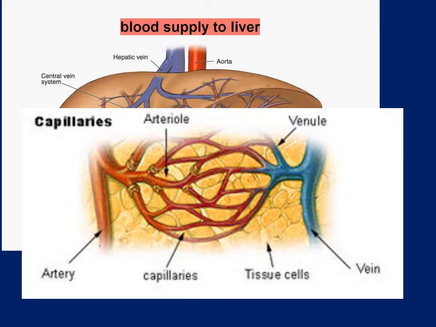So you see the small little artery here, and then we get to these small, very tiny vessels, these arterioles, and then we're going to get even smaller to these capillaries. And then, of course, we know that it collects in the venules and then veins.